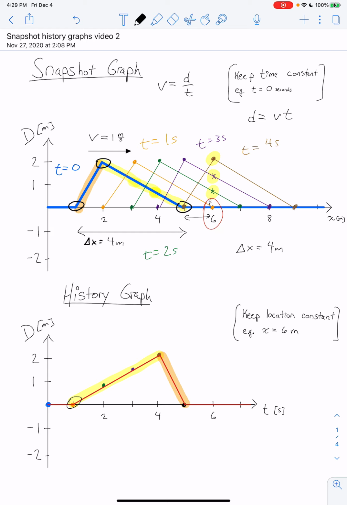The peak is 4 meters away, and the velocity is 1 meter per second, and so that gives us a delta t of 4 seconds. Hence, we're at 4 seconds here for our peak. So right away, we could have just drawn that line.